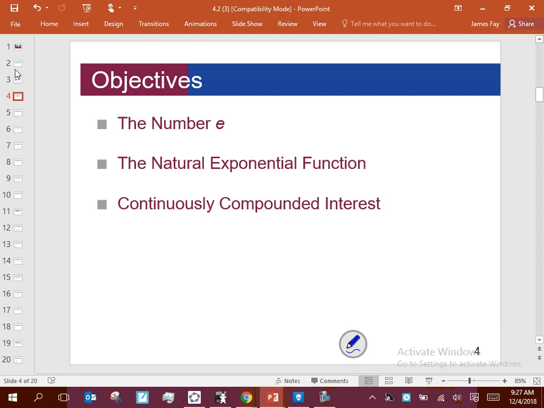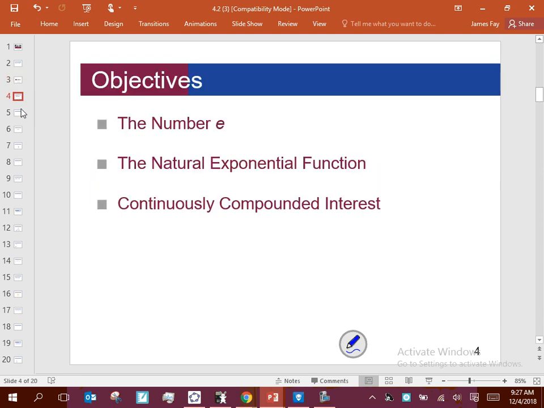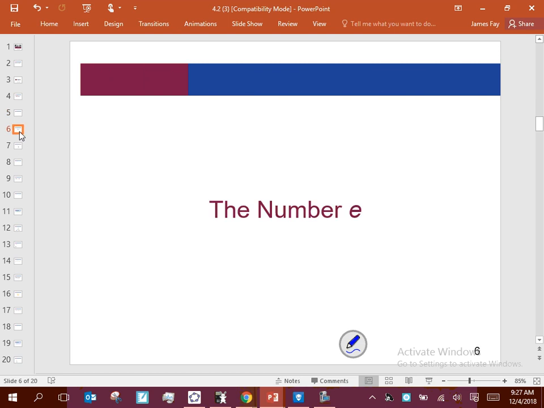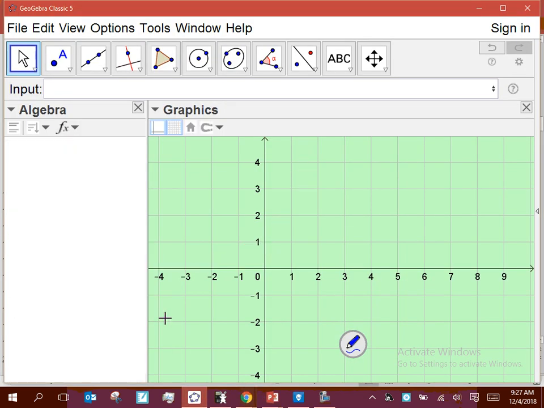All right, so that brings us to talking about the natural exponential function. We talked about this the other day a little bit, but the bell rang. It's the number e. I gave you a little bit of history. I don't know if there's any real documentation on why we chose the letter e as that symbol.